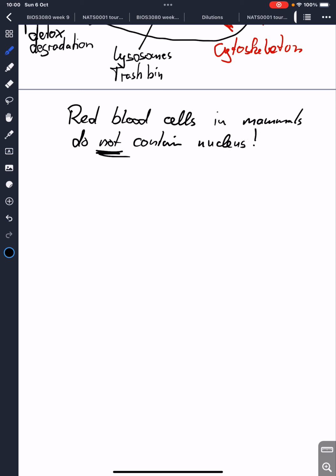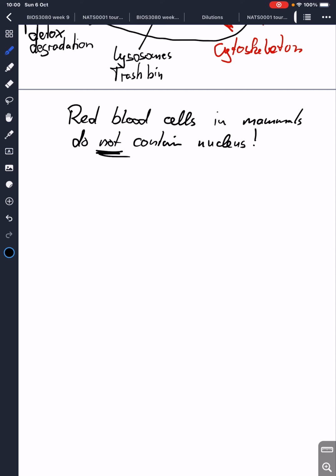Okay. So would we refer to them as prokaryotic cells? The answer is, again, no. We would not refer to red blood cells as prokaryotic cells, simply because when the red blood cell starts off its life in the bone marrow, it is formed with a true nucleus.